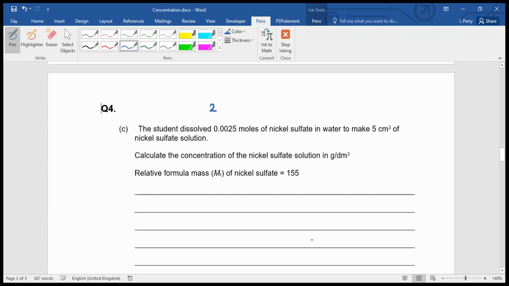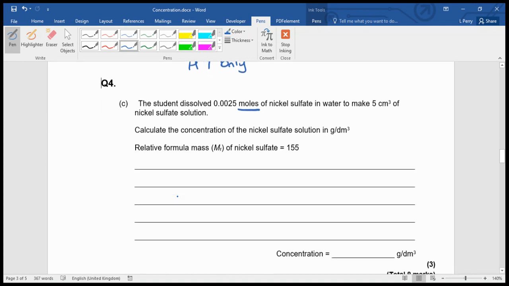Now, finally, question 4. Now, this one will be a higher tier only question because it involves moles. So moles only come up on higher tier. Now, a lot of students don't like moles, but they're really simple.